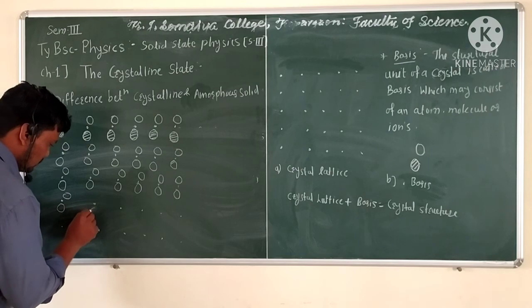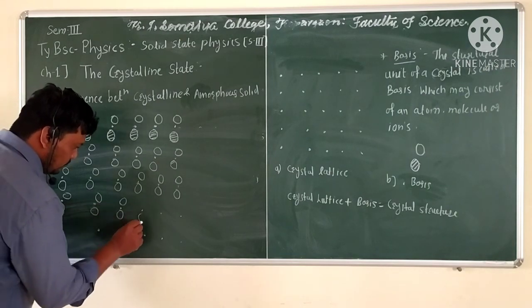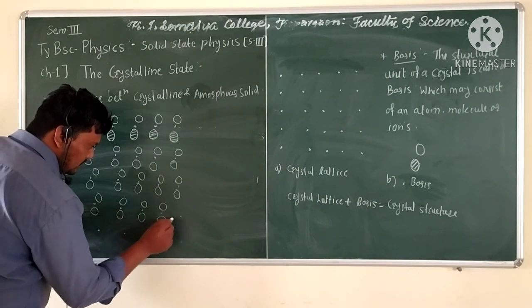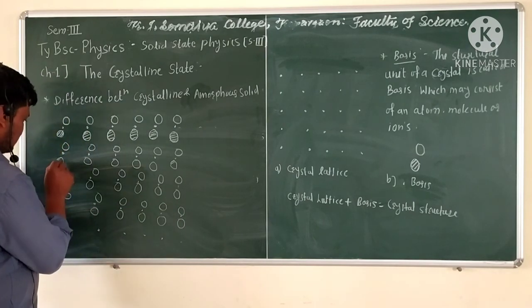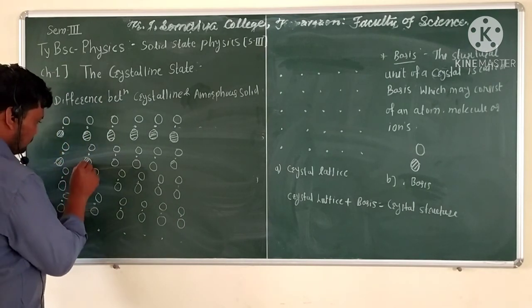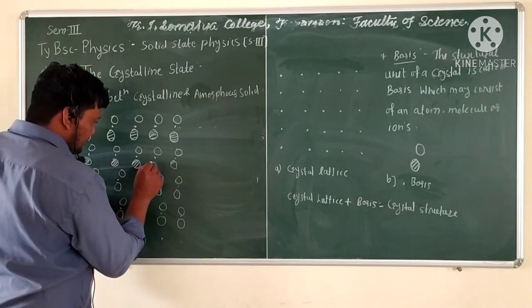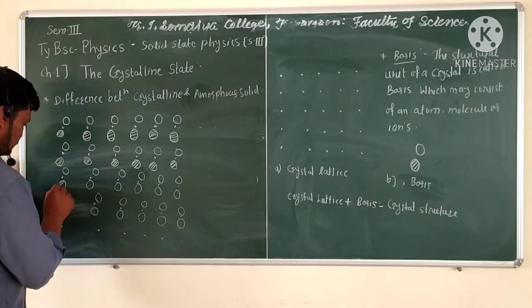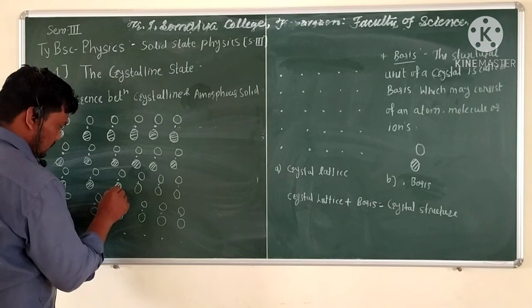Consider which type this structure is: simple cubic, BCC, FCC, and many other types. The various properties depend upon this, such as electrical conductivity, thermal conductivity, or quantum mechanical phenomena.